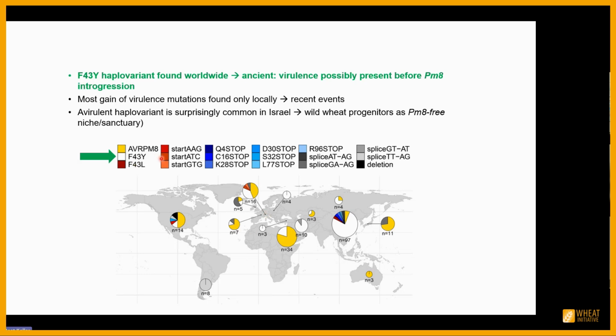The other virulence alleles that we found are indicated here, and we find them locally only, and this indicates that they are recent events which evolved only once PM8 was brought into cultivation in that particular region.